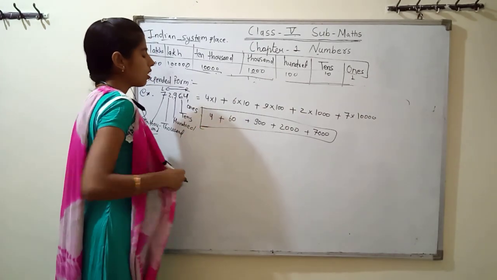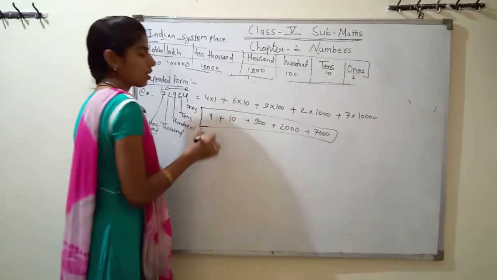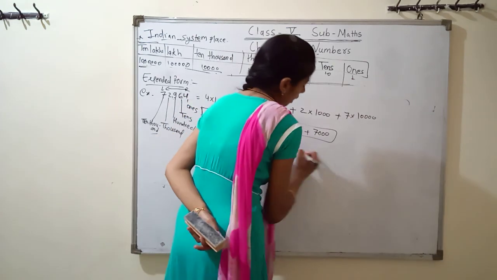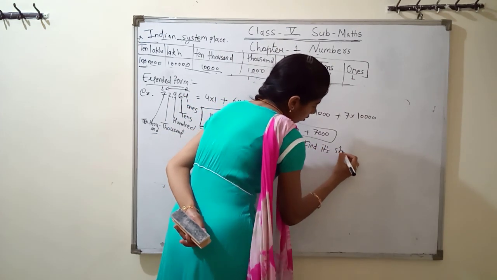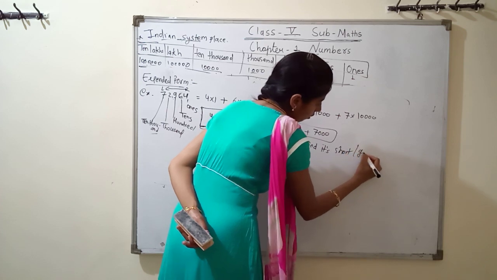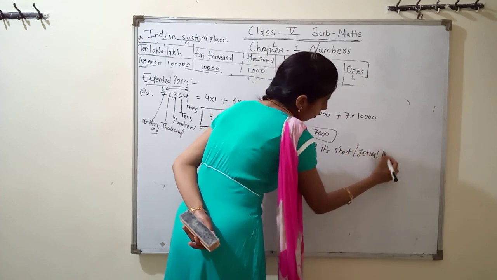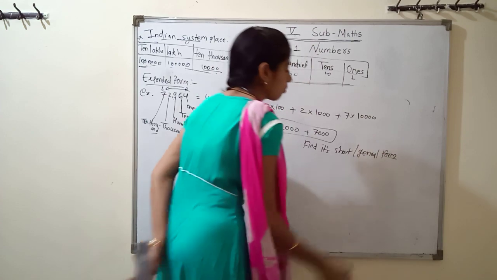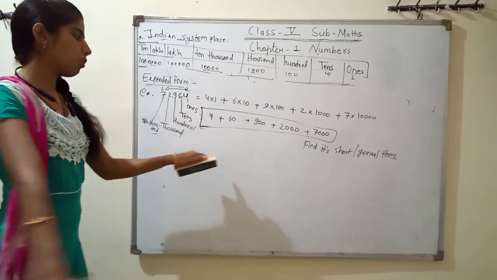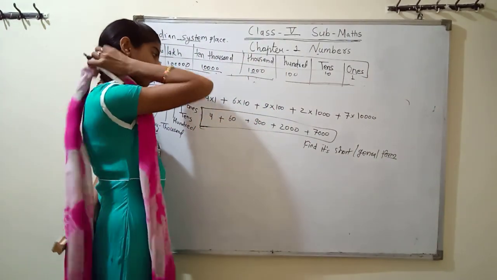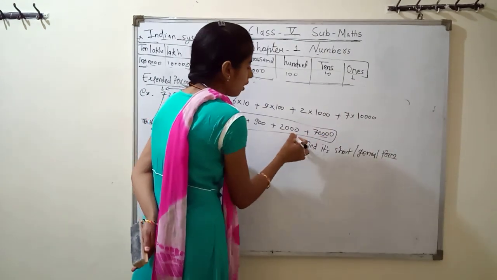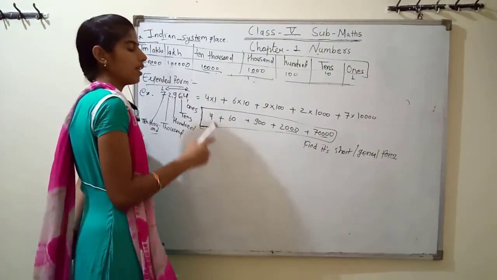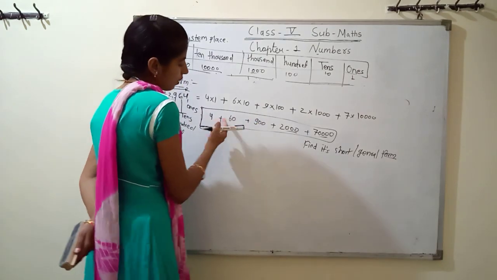If the question is given in expanded form and says find its general form, then how do we find it? All are plus: 4 and 60, and look at this question, your 10,000 and 1000 values are always 8. We write directly.